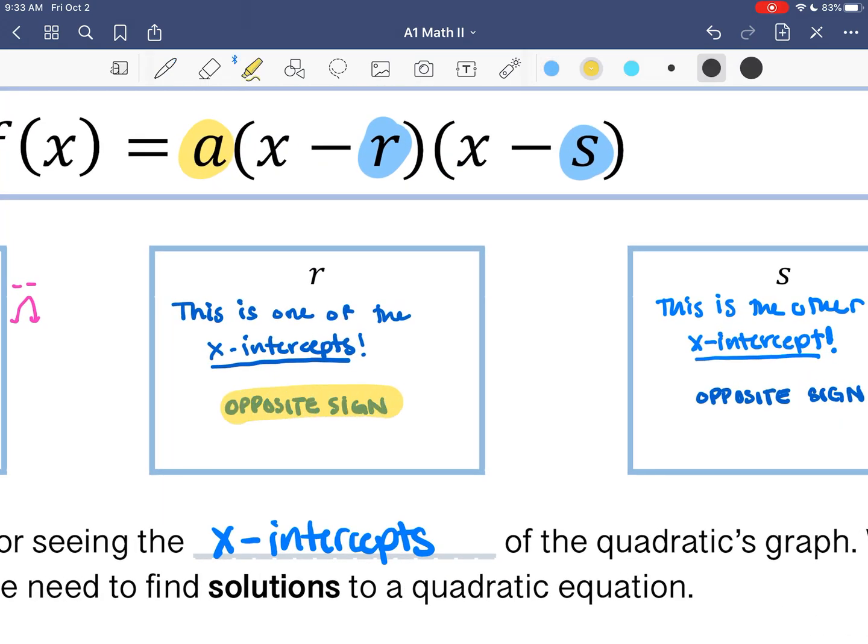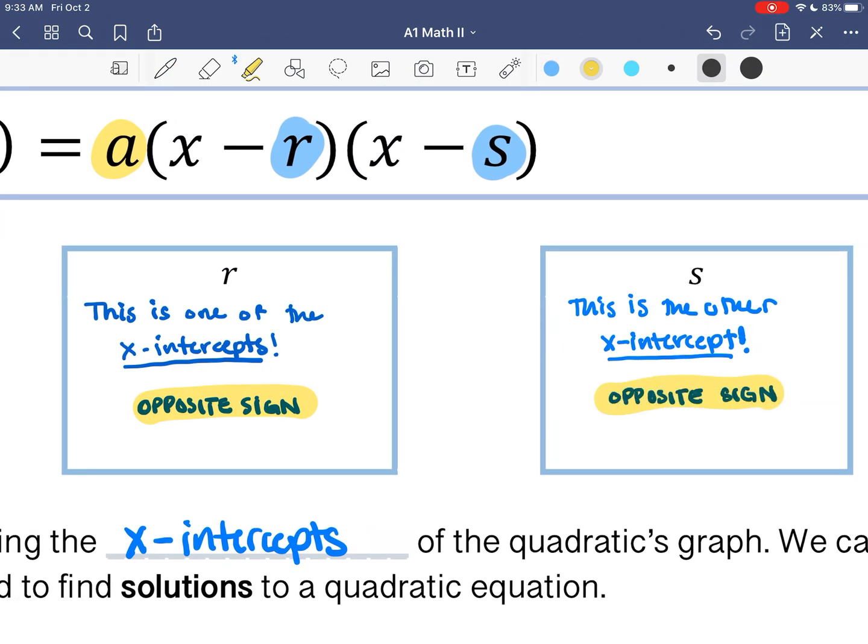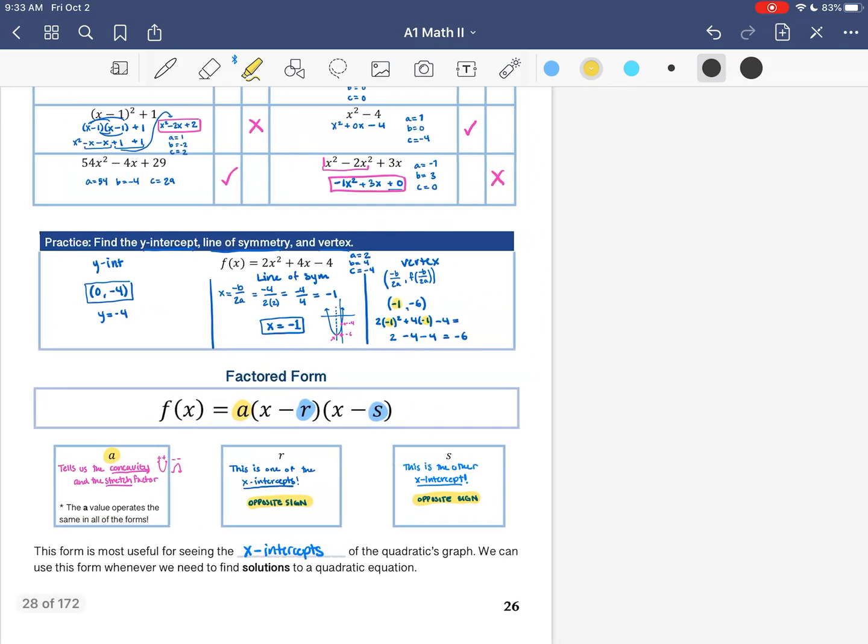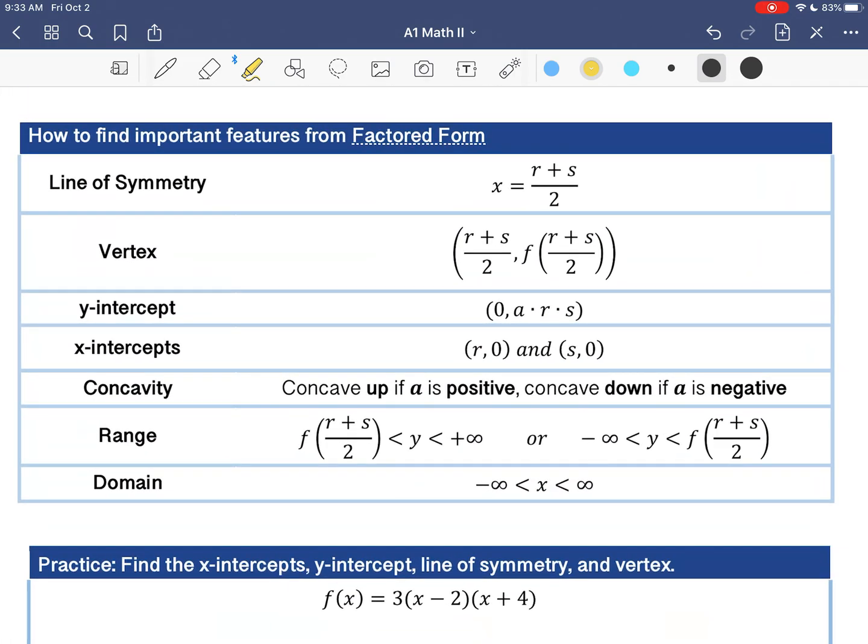But just know that these are both going to look like the opposite sign of what they should be, and we'll do examples of that. On this one, the important ones I want you to know, again, are the line of symmetry formula, and the y-intercept and the x-intercept ones. Only those three.